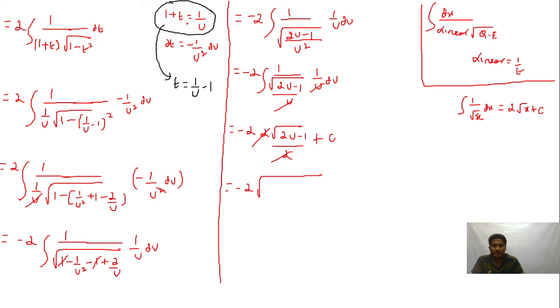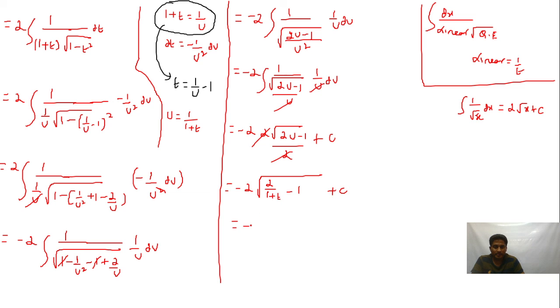The value of u will be equal to, again from this, the value of u will be equal to 1 divided by 1 plus t. Okay, so this is 1 upon 1 plus t, so this is 2 upon 1 plus t minus 1 and plus c.